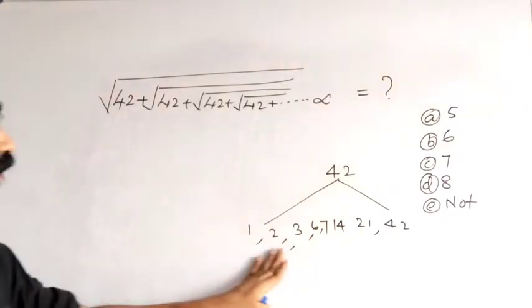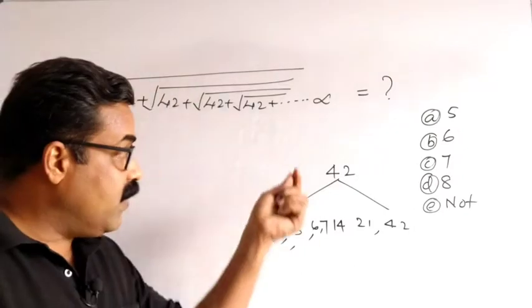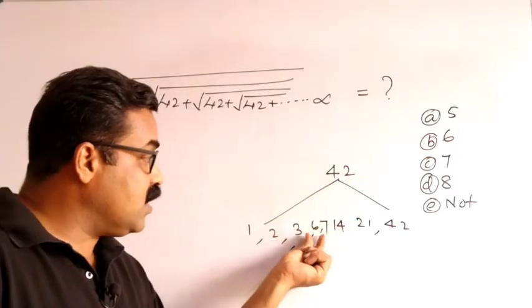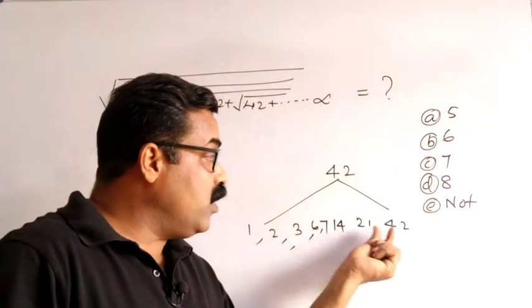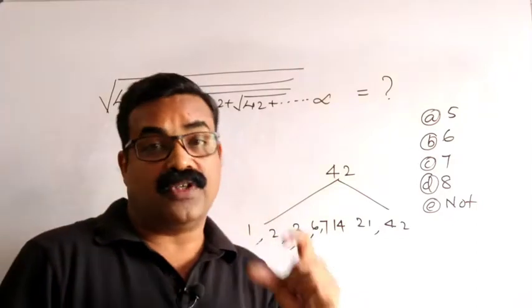So these all are factors of 42. When I take the factors of 42: 1, 2, 3, 6, 7, 14, 21 and 42, all these numbers are factors of 42.